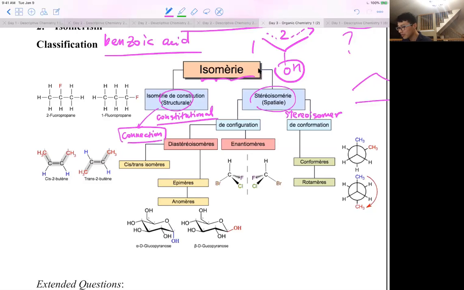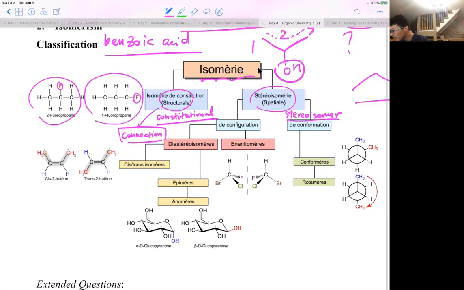For example, if you compare these two, obviously the fluorine is connected to a different carbon. So this is called structural or constitutional. Structural constitutional are easy. We want to put more time on the stereoisomers.